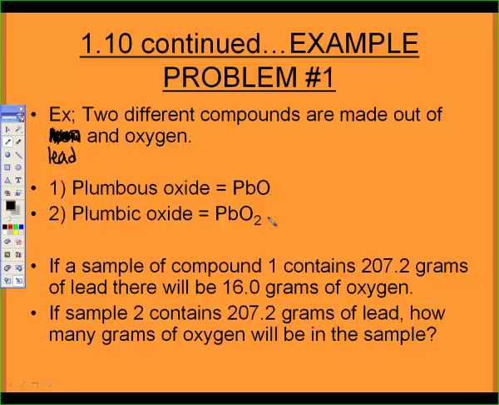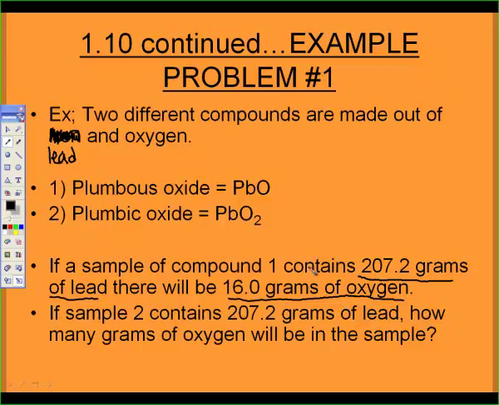Here's the first compound, here's the second compound. The law should apply because I've got two different elements, but they're the same from compound 1 to compound 2. The only difference is that their formula is different, so that makes them different compounds. It says if a sample of compound 1 contains 207.2 grams of lead, there will be 16 grams of oxygen.